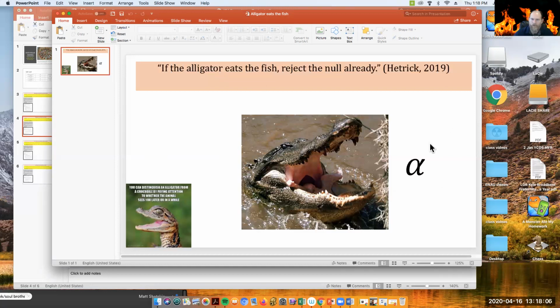Because I had a warrior who thought alpha looked like a fish, and so she came up with this. And like all sorts of warriors were riding alligators on the exam and all sorts of things. So whatever one works for you. Okay? If this works for you and you can remember it, super. If the p-value is low, then the H0 must go. Either one or neither, whatever works for you.